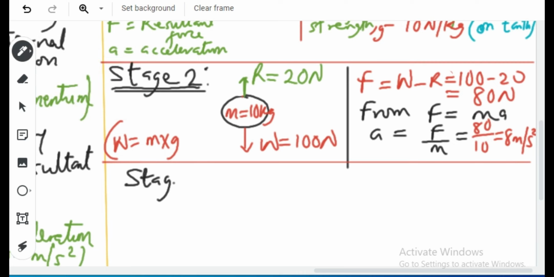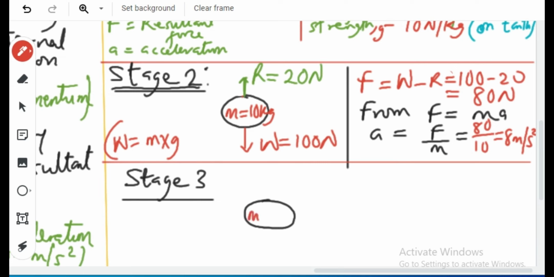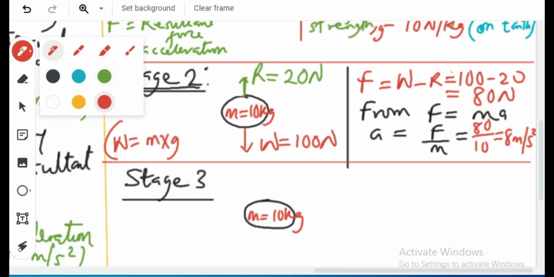Okay, let me jump to a stage where the air resistance increases so much. Let's call that stage 3. Let me repeat this diagram. What's the value of the mass? Still 10 kg. Now the air resistance has increased.